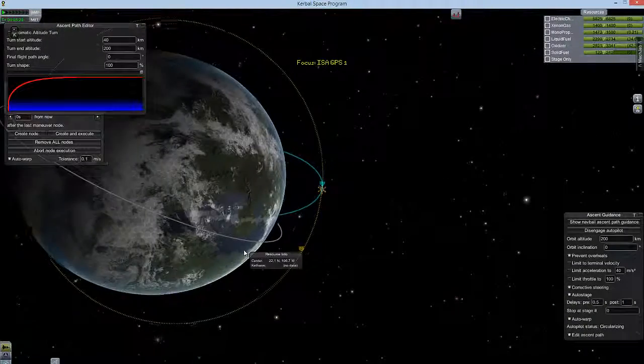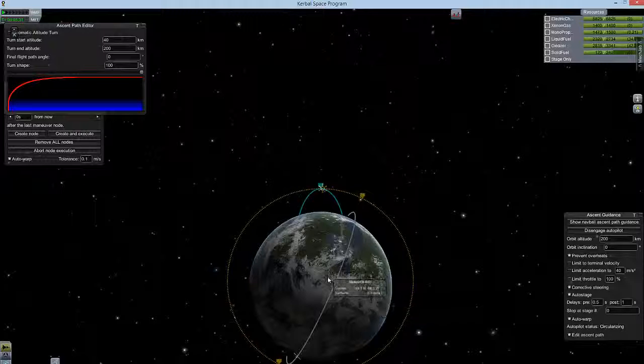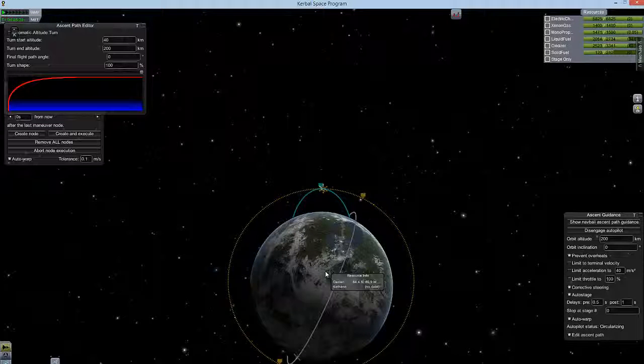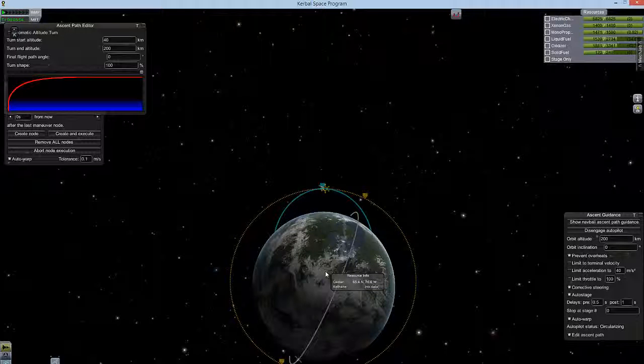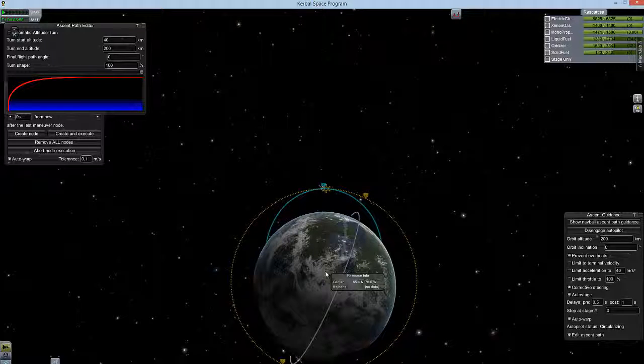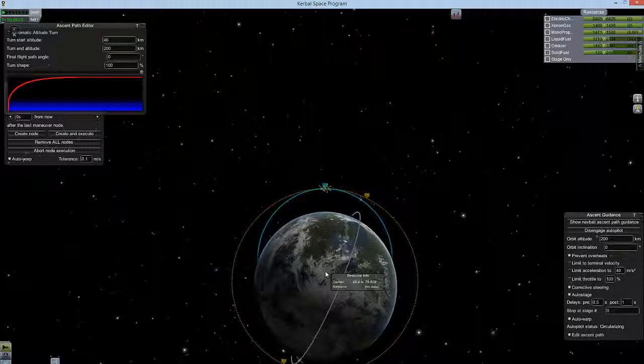So what's important to note is that when you're doing a horizontal aspect, as you see here, it's pushing the apogee and perigee out to equal areas, or it's supposed to be. As you see here, the apogee is at 200k, the perigee is not so much, but as the perigee goes out to 200k, or tries to go to 200k, the sides of the walls of the orbit push out, and they try to push out to 200k.